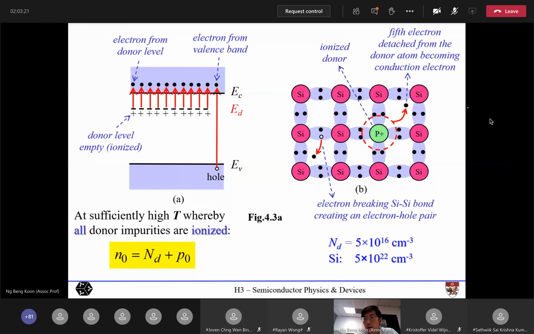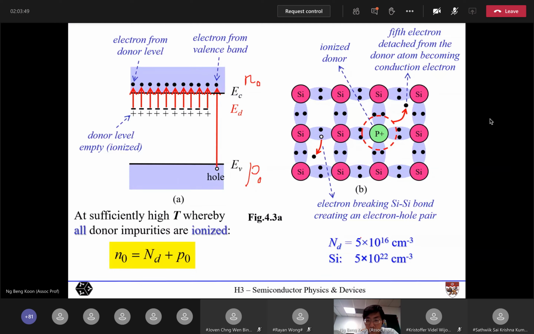If we denote the total number of electrons in the conduction band as N naught, so we use a different notation from intrinsic, where we use Ni. For a general semiconductor with doping, we just use N naught to indicate that it's the equilibrium electron concentration. Correspondingly, we denote the hole number in the valence band as P naught, and let's say the number of dopants in the semiconductor is ND.